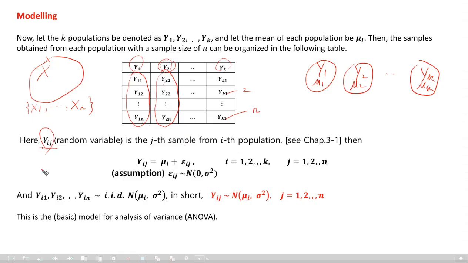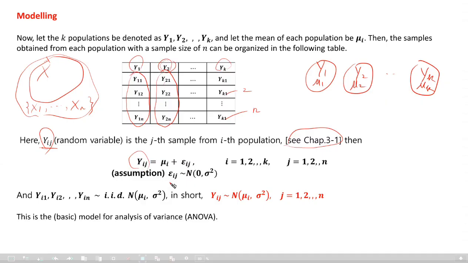You understand that? Double subscript. See chapter 3.1, where I explained this kind of thing. Then yij is the sum of mu i and epsilon ij.